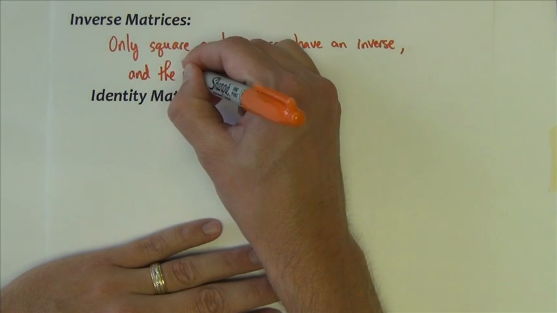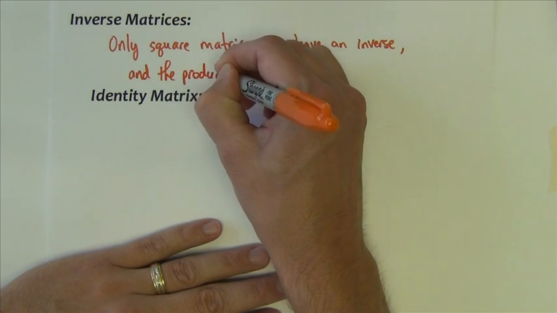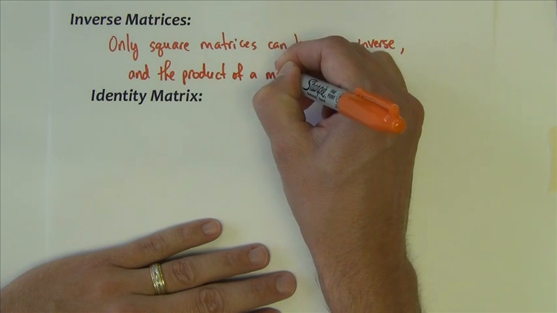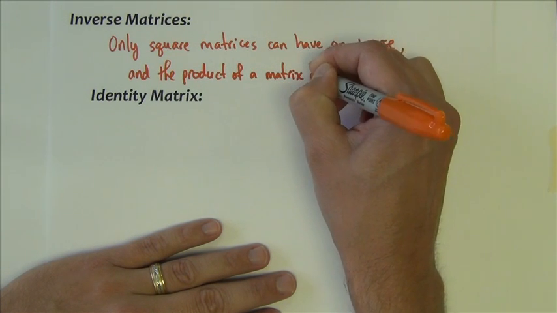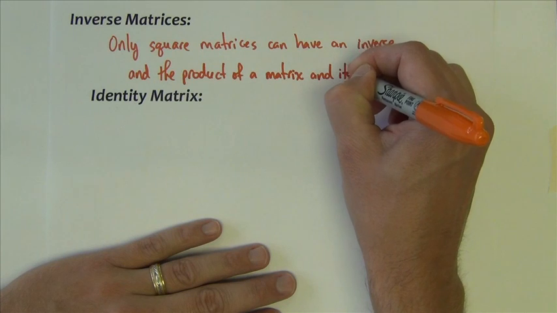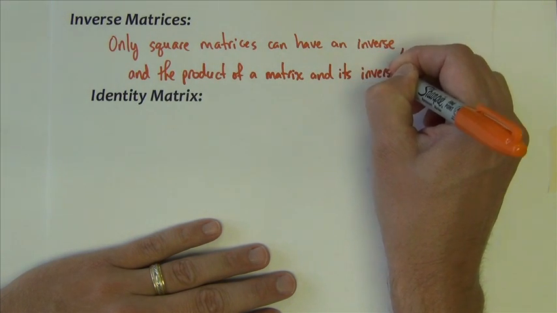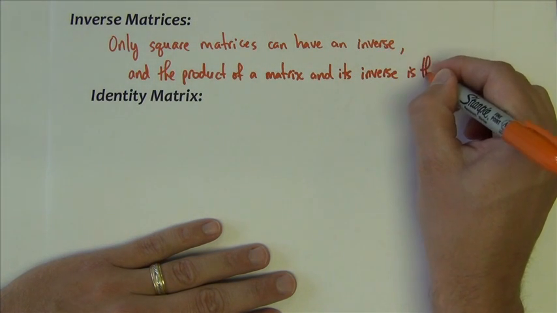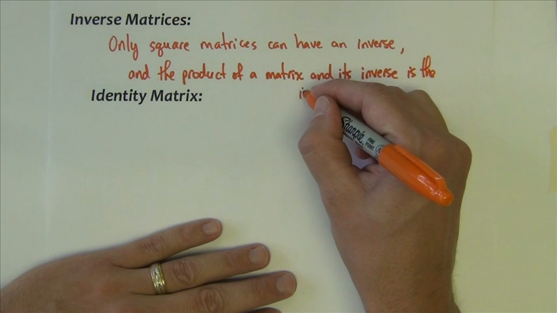And the product of a matrix and its inverse is the identity matrix.